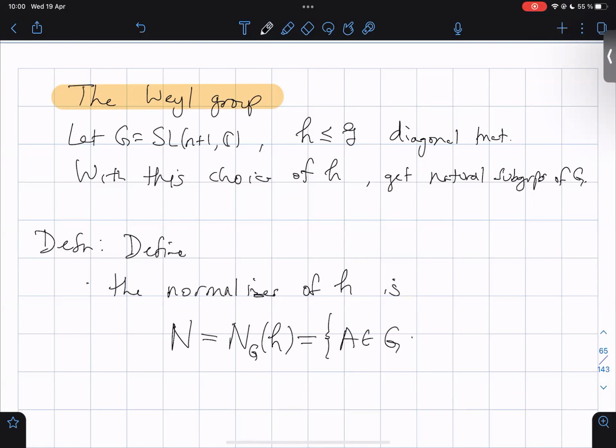So those elements of G that, under the action on the Lie algebra, namely the adjoint action, if you let that act on H, then it should stay in H. Actually, because these are invertible elements, this inclusion is going to be an equality whenever that's true.